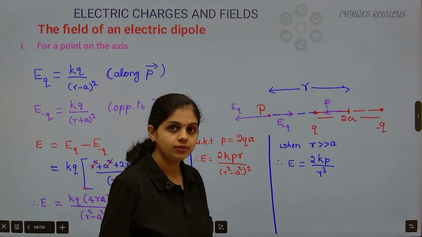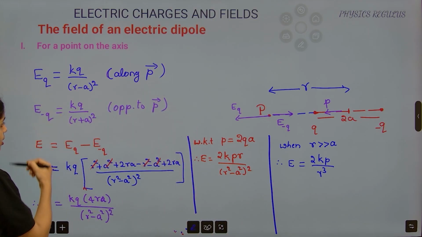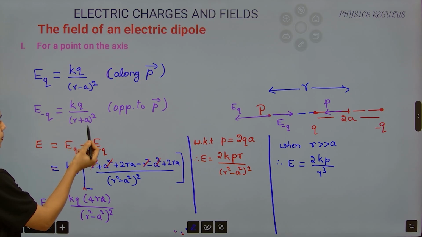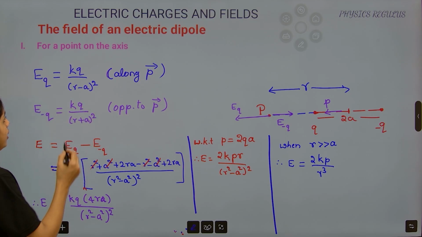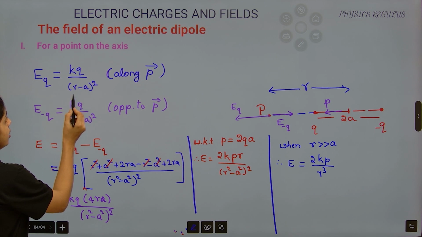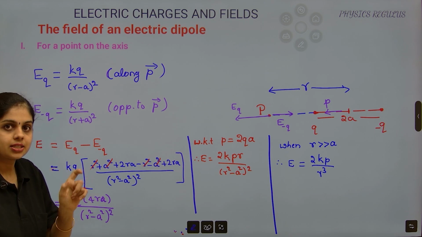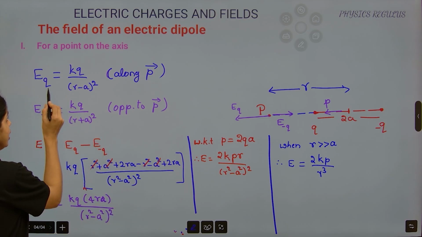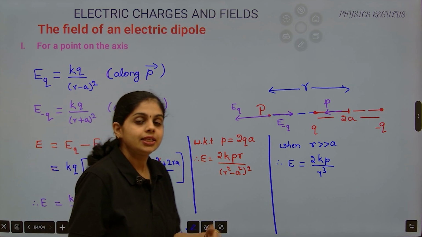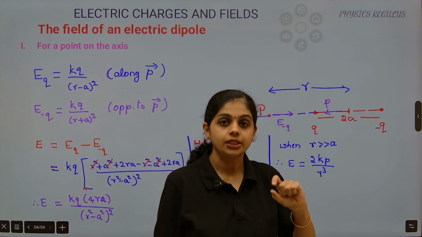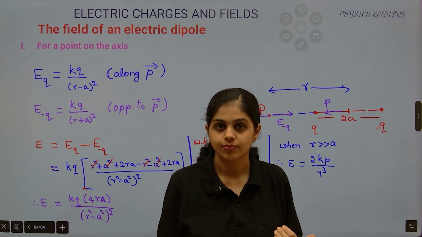What about the direction? If you observe E_Q and E_minus Q, R plus A will be greater than R minus A. Hence, the denominator is lesser for E_Q. When the denominator is lesser, the magnitude of E_Q will be greater than the magnitude of E_minus Q. The resultant electric field follows the direction of the electric field with greater magnitude.